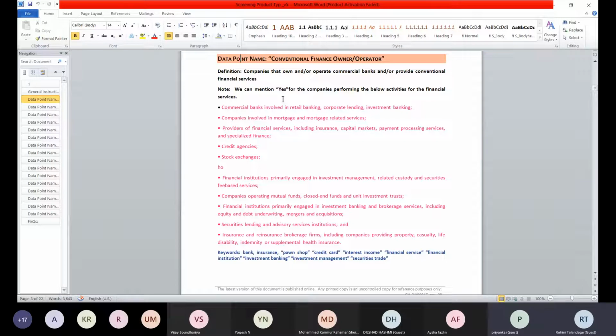If that company is providing any of these services, then we can mark it as yes. You can search with all these keywords.